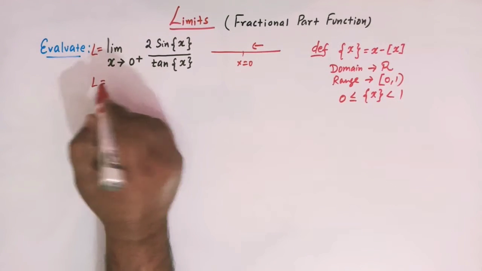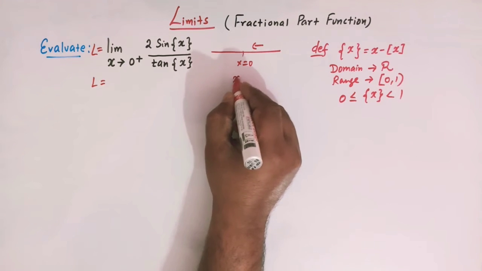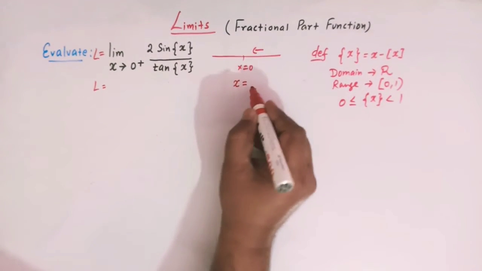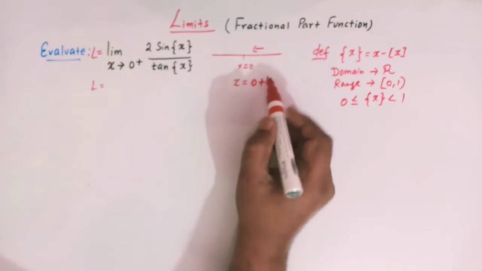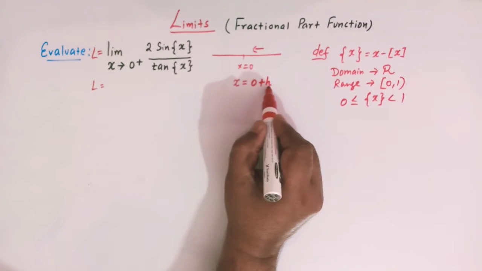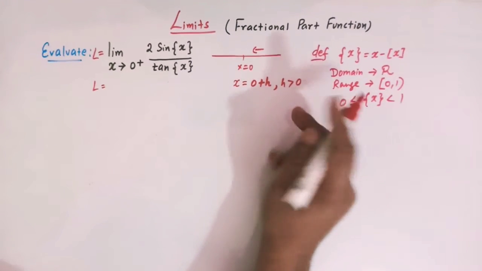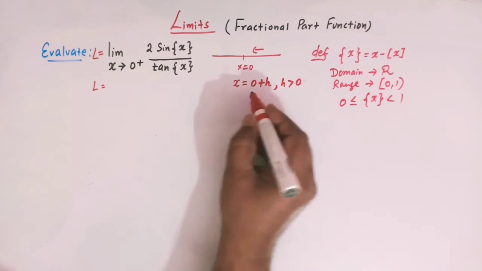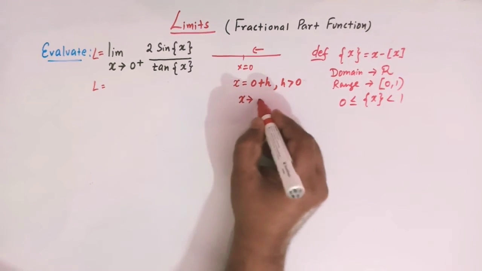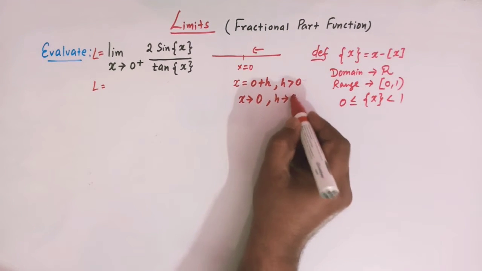So let us take the substitution x is equal to 0 plus h. The important thing about h is that h is greater than 0, so h is a positive quantity, and moreover, when x tends to 0, then h tends to 0.